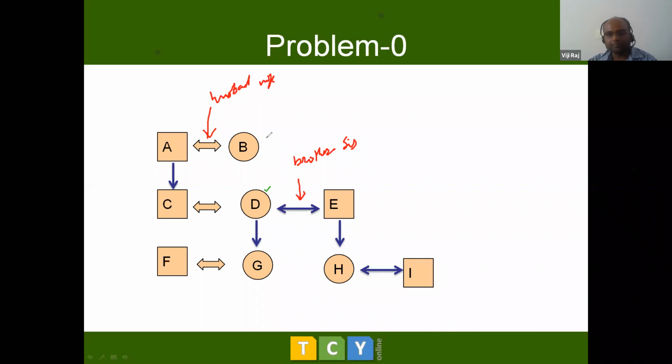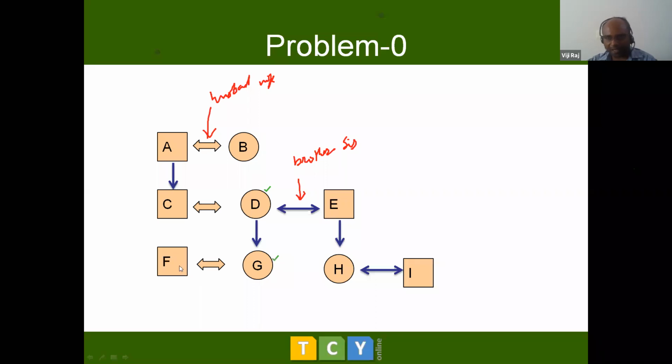Sambhav, move forward. Go for the next question. How is D related to F? What we need to understand is between D and F we have G, right?